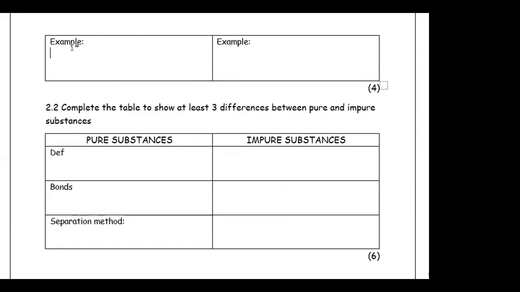Okay, I'm just going to give elements off the top of my head. Hydrogen is an element. Oxygen is an element. Helium, gold, copper, so many.